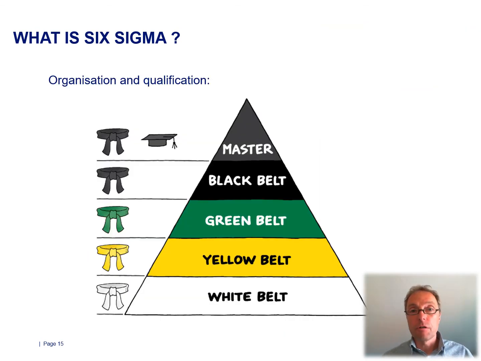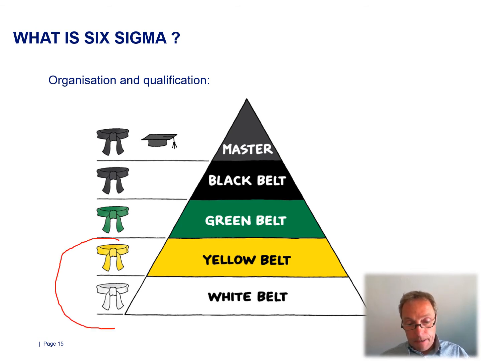After the very short cycle overview, I will give you as well an overview about the organization and qualification. Basically, we have in the Six Sigma organization a white, a yellow, a green, and a black belt, and a master.